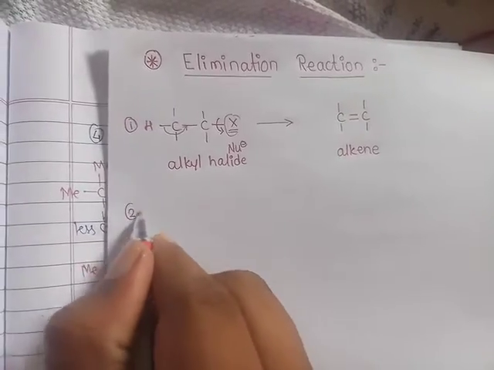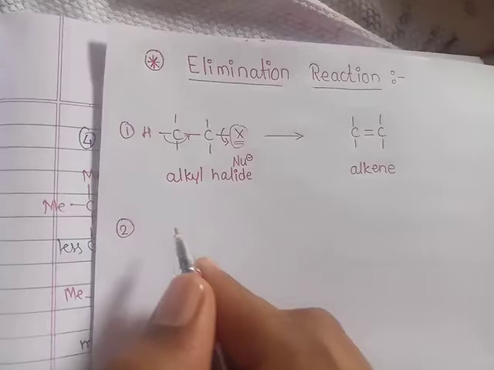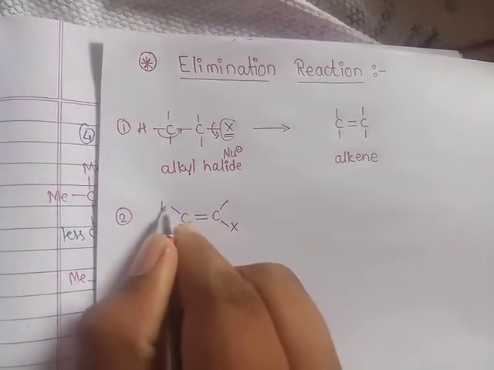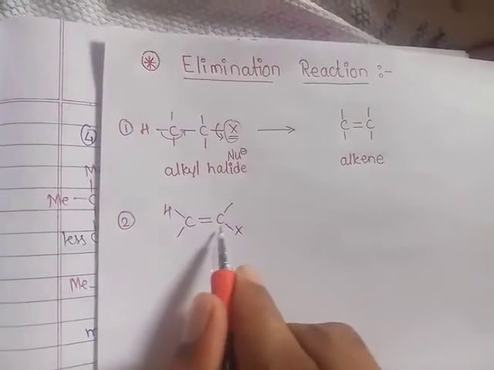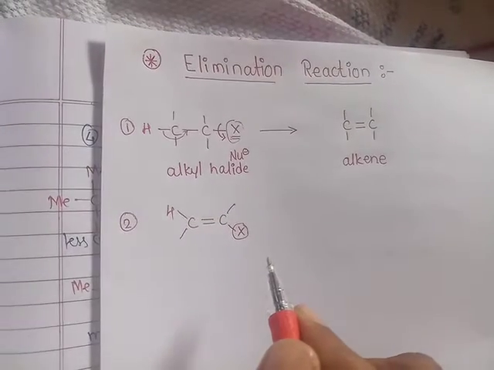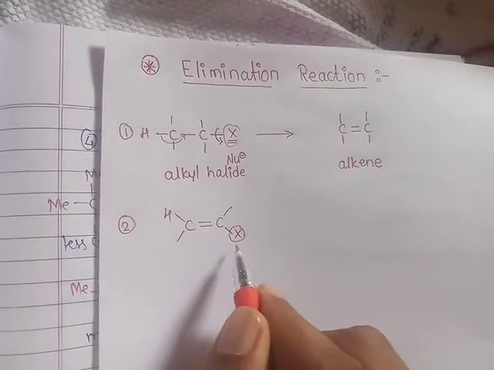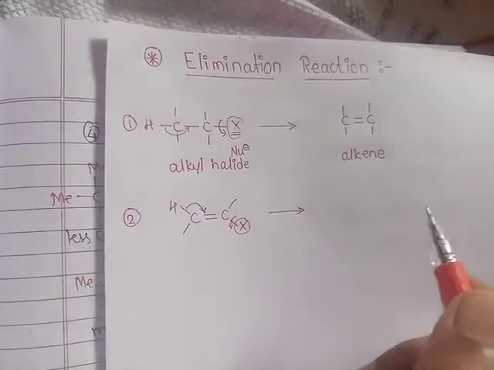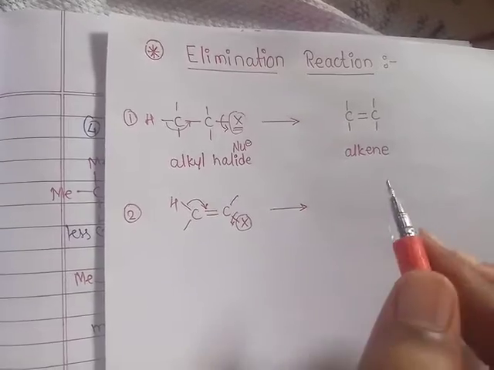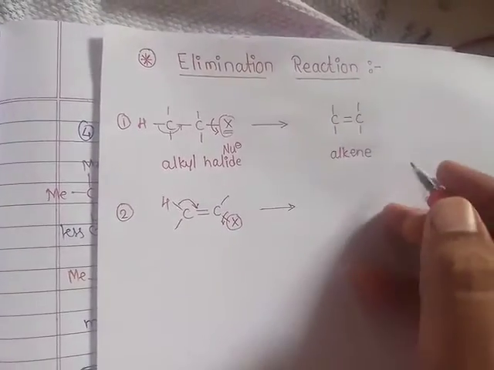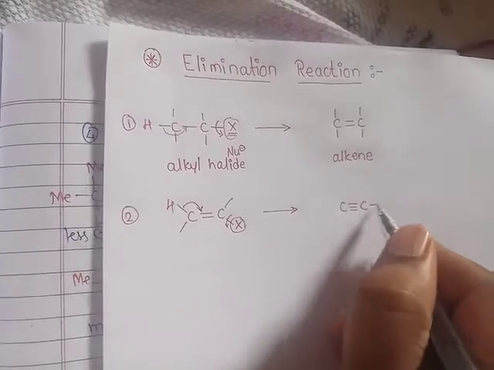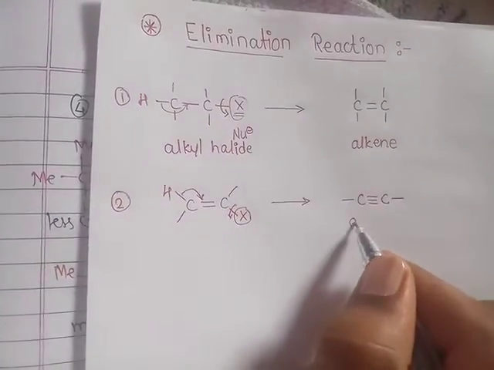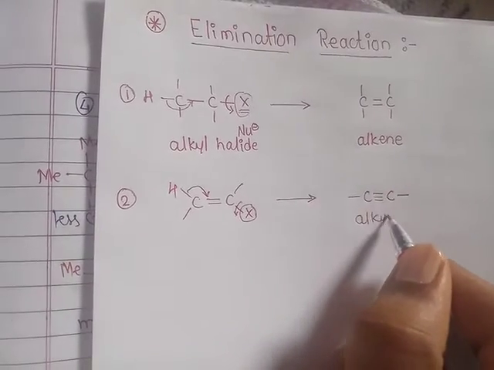But when our compound is a vinyl halide, there is carbon double bond carbon and one X group, and this X group will leave and hydrogen is also going to be removed. In both reactions, hydrogen halide is the side product, eliminated, to get alkene and alkyne.